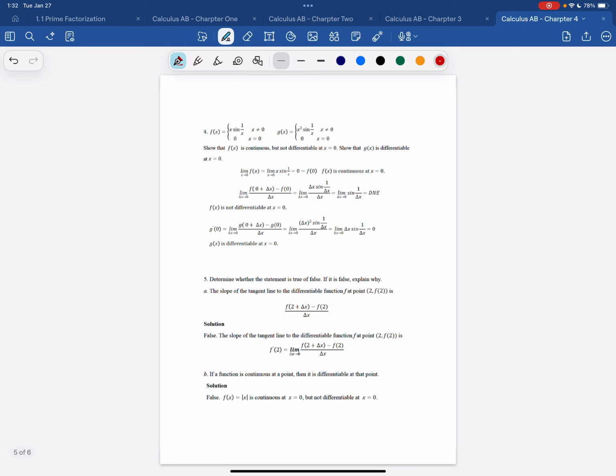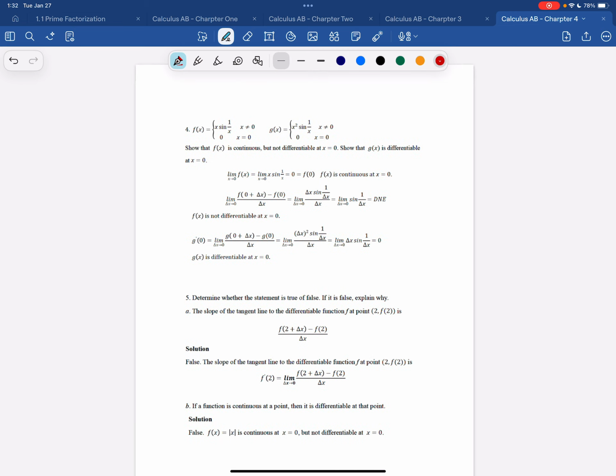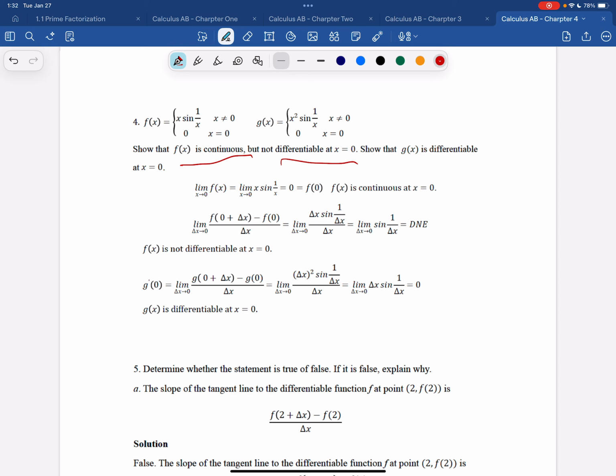Again, the next question: show that f(x) is continuous but not differentiable at x equals 0. I just need to show the definition of the derivative first, and then we get that the derivative does not exist, so it's not differentiable at x equals 0. But g(x), on the other hand, is differentiable, because it is x squared times sine of 1 over x.